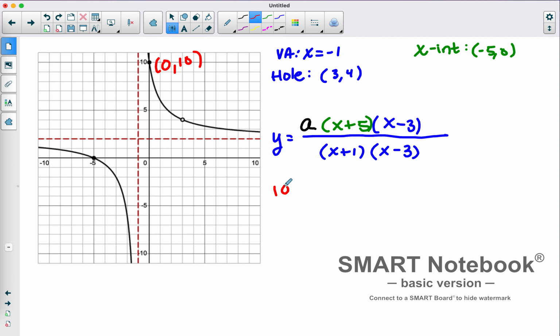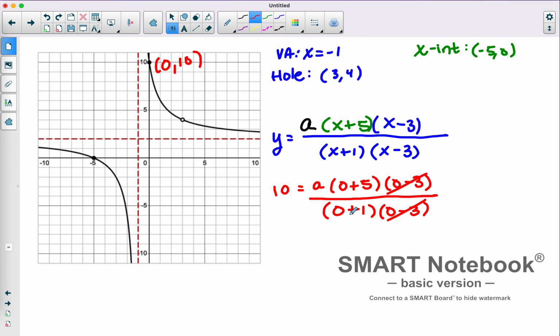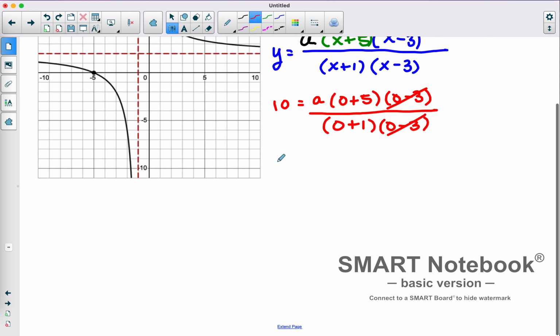So when x is 0, y is 10. Again, we could remove the hole. We don't actually need that hole algebraically, so I get 5a in the numerator and 1 in the denominator, which is just 10 equals 5a. So a would be 2.